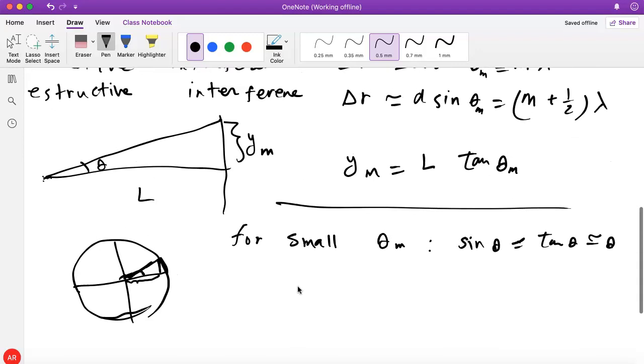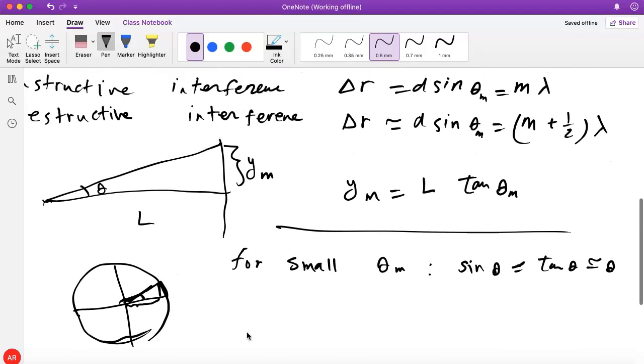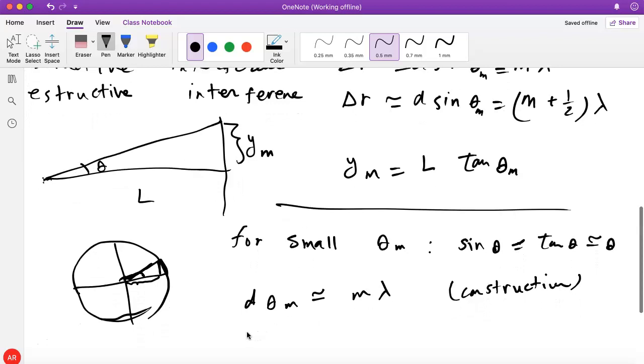Okay, so in this limit things even simplify further. So we can write d theta m is approximately m lambda, let's say constructive, and then ym is L theta m.